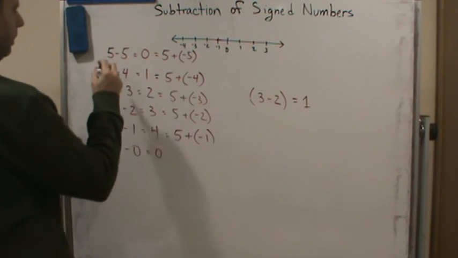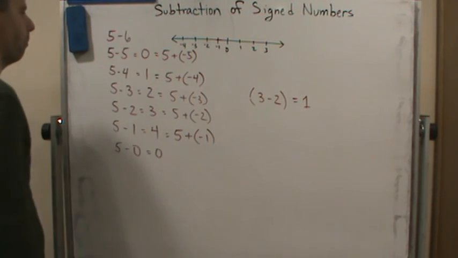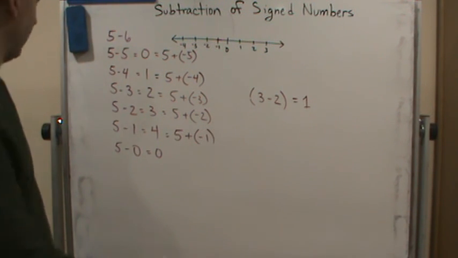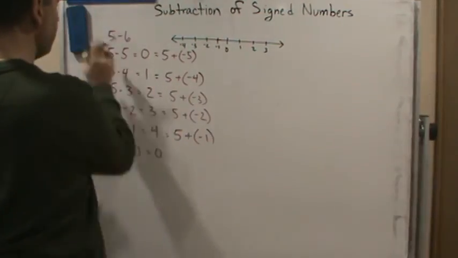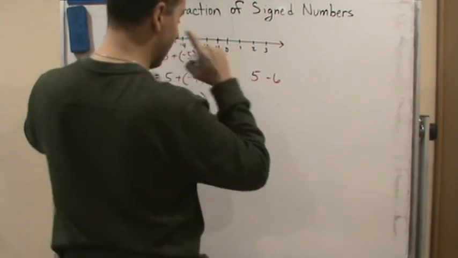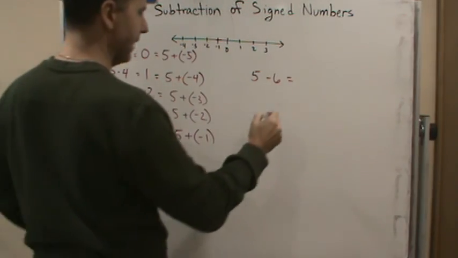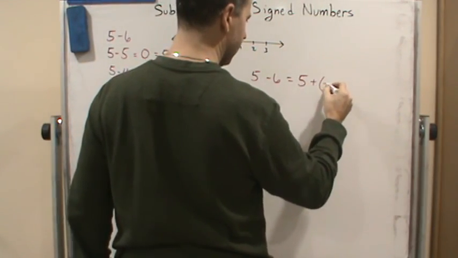What if I have 5 minus 6? How do I handle that? Well, if I use what I know, that's the same as 5 plus -6, right?